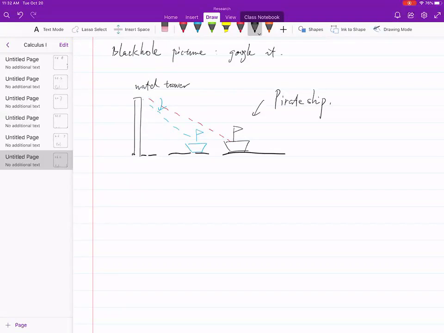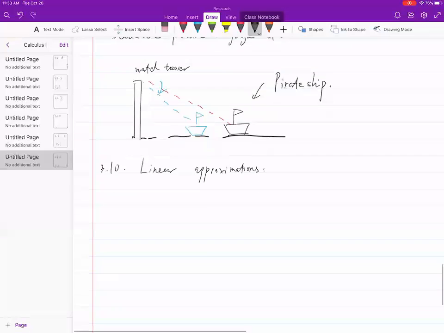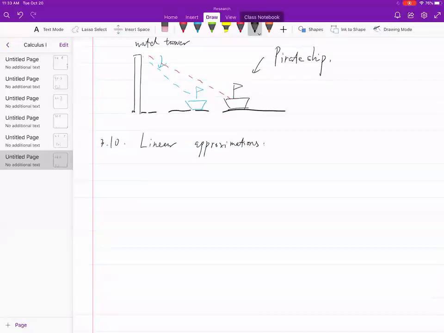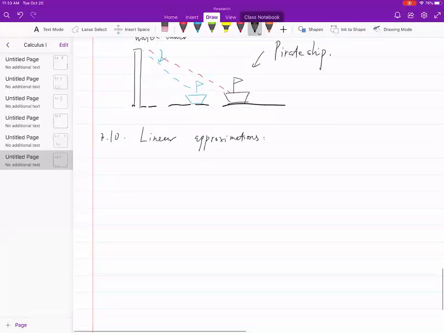All right, let's move to 3.10. This is what we have: linear approximations. Question: what is the square root of 4? 2.